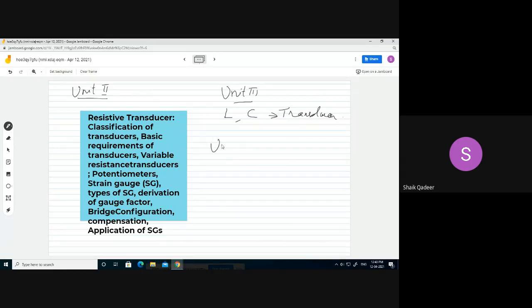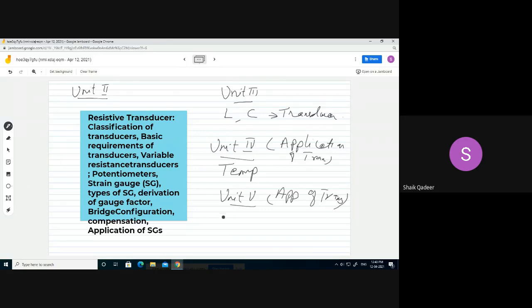Whereas Unit 4 and Unit 5 cover applications of transducers. In Unit 4, we will see temperature measurement application in detail. In Unit 5, we will see another application of transducers, here we will cover pressure application.